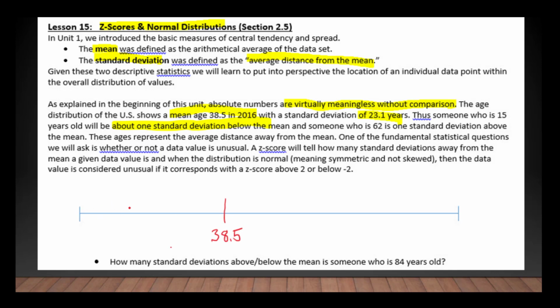And let me put that 15-year-old in right here. And the distance between the two is 23.5, or about 1 standard deviation.